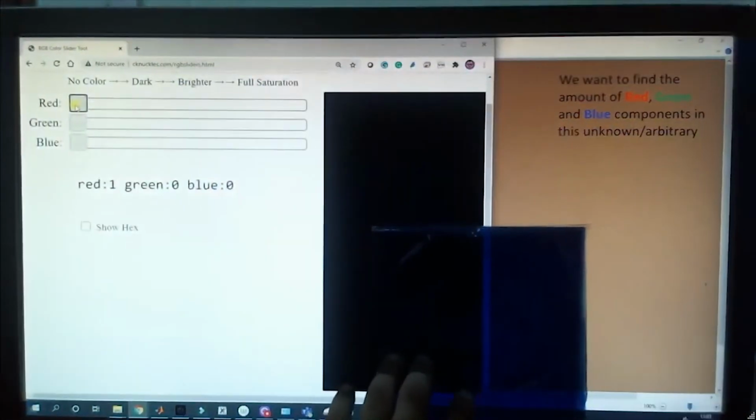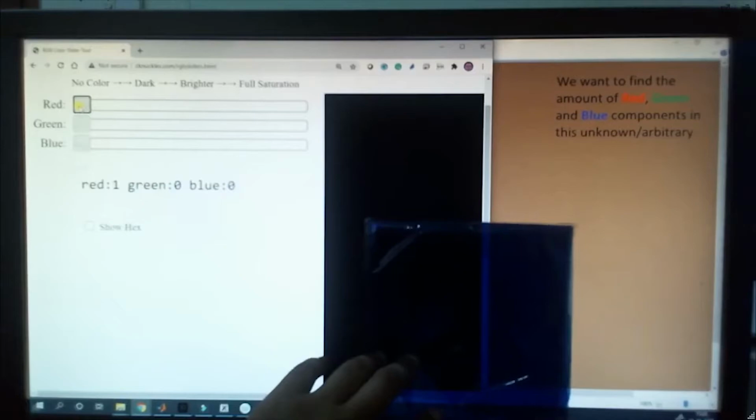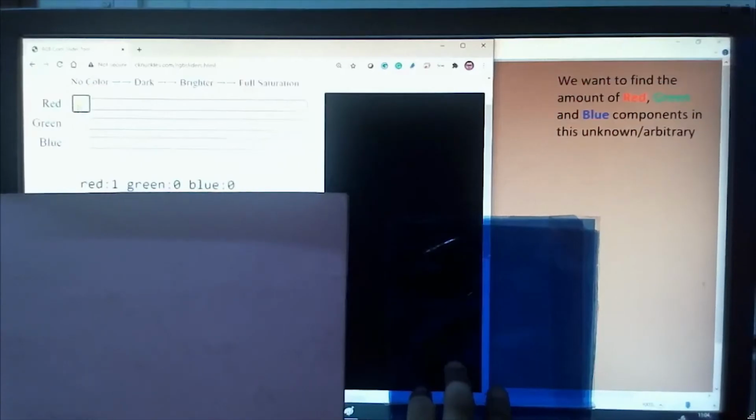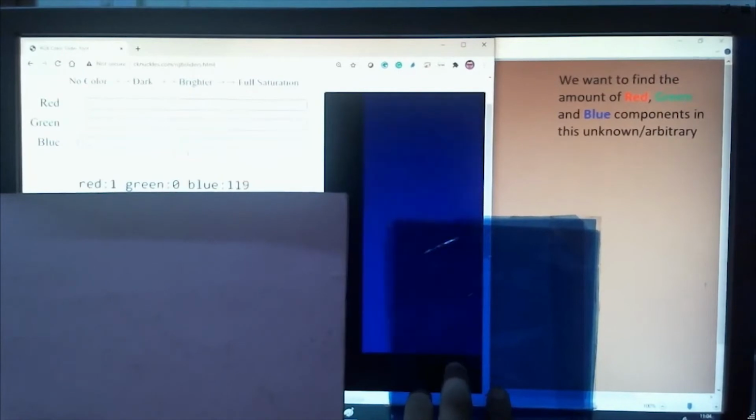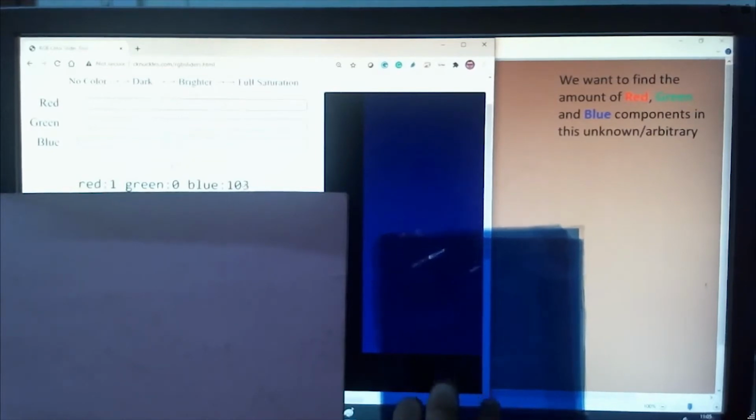I shall hold it here and try to match the brightness, and I shall note that value when the brightness is almost equal.